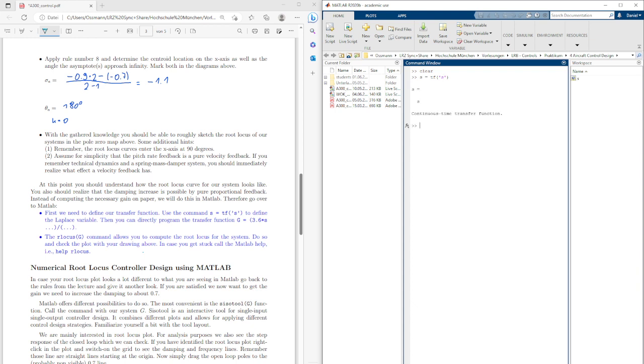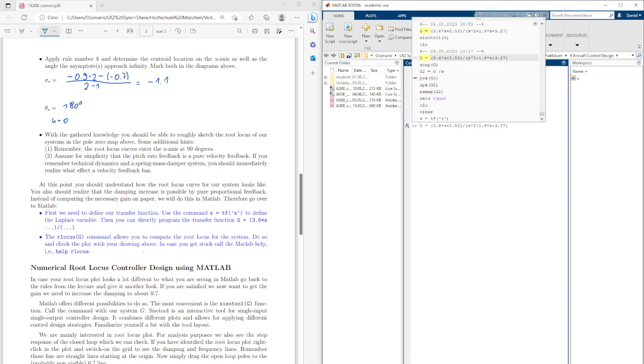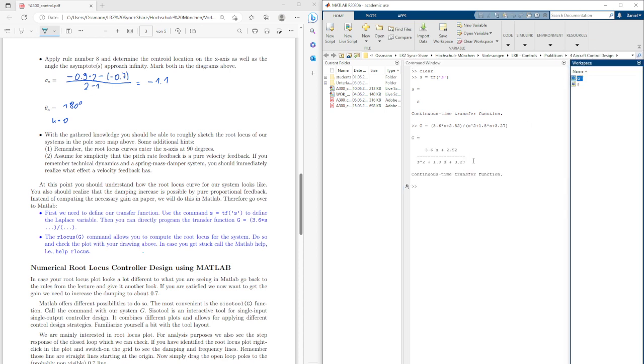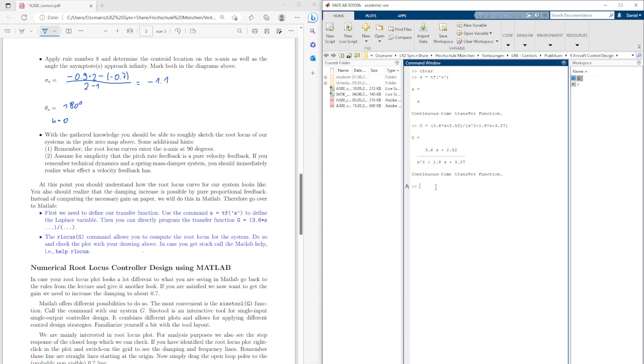Okay, and now we can put in our transfer function. So we simply put in what we have here, right, and press enter, and now we have defined in our workspace the transfer function of our aircraft.